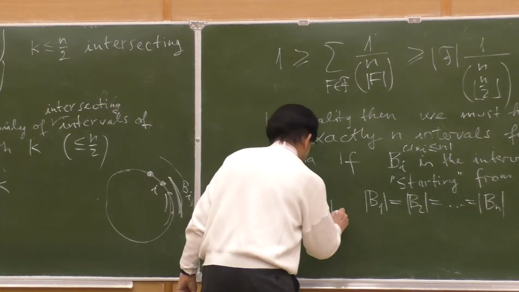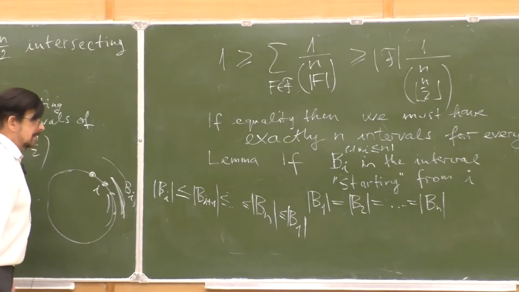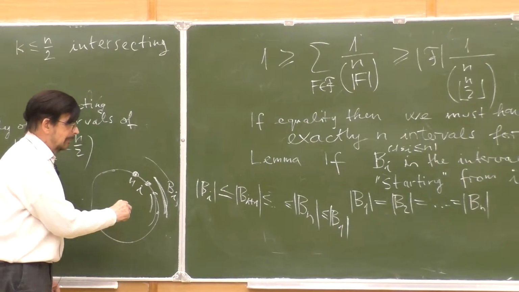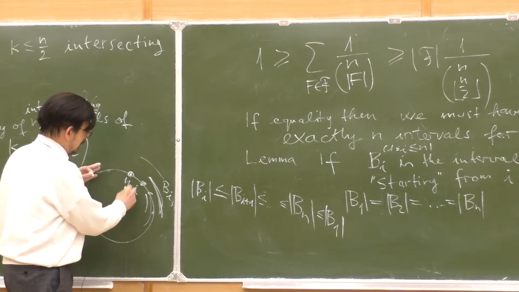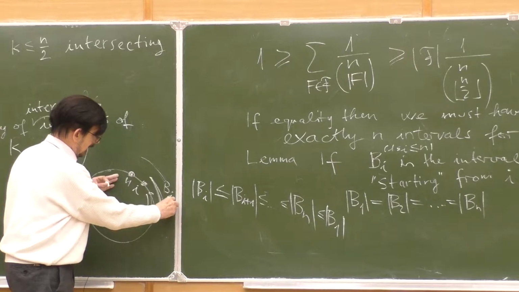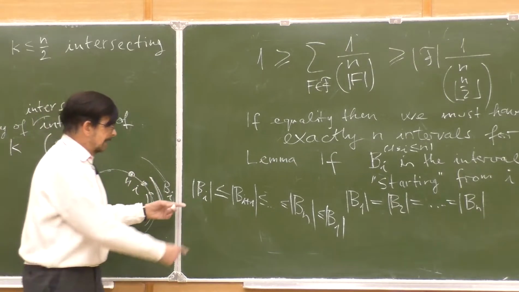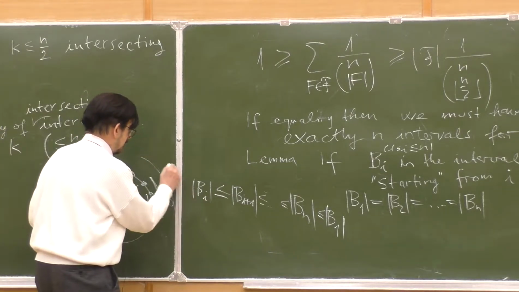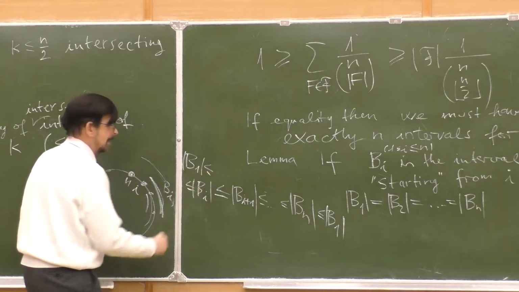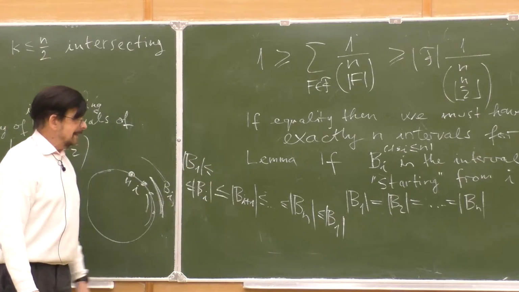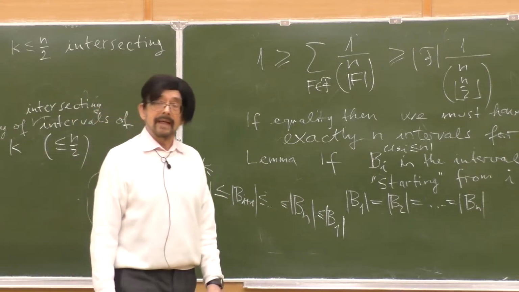that B_n should be less than B_1, because otherwise, if B_1 is shorter than B_n is going like that, and B_1 is shorter by 1, then it will be a subset. And we started from B_1, and so you can see that this implies that they are all the same.